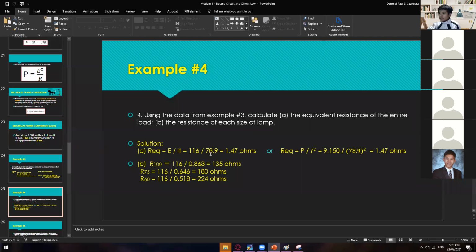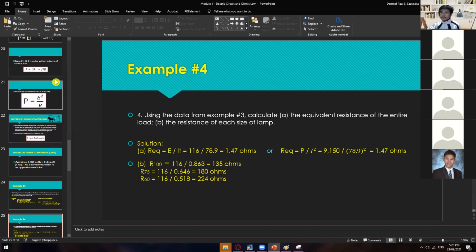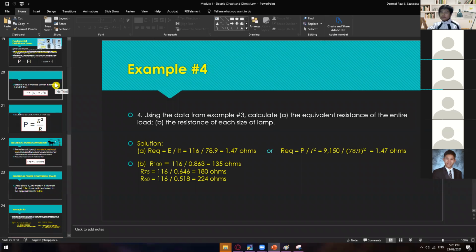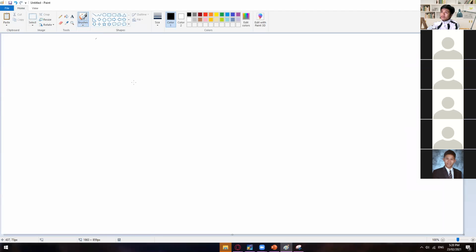Let me just look into that one. R is equal to E divided by I. Okay, so I think we weren't able to define that one.